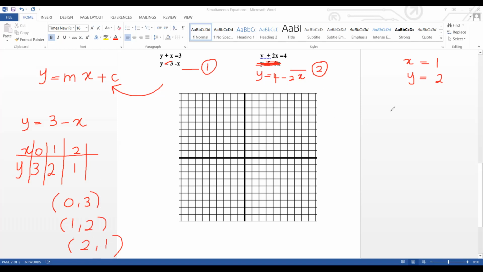We'll do the same thing to the other equation as well. My second equation is y equals 4 minus 2x, right? Now, there even, I'm going to get some values.